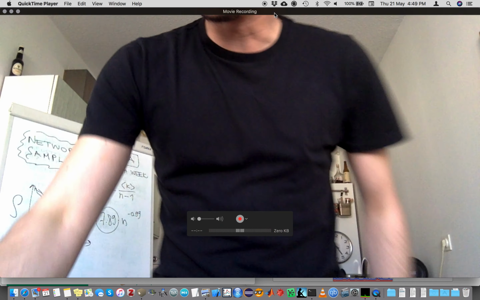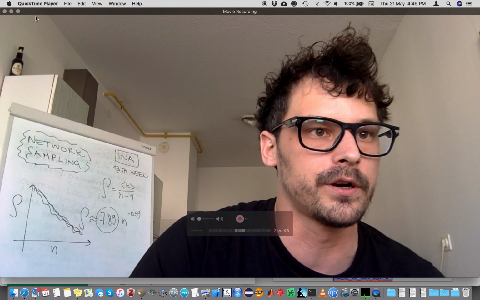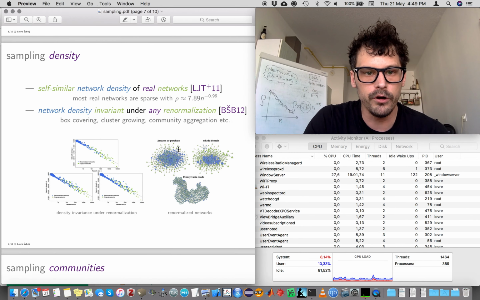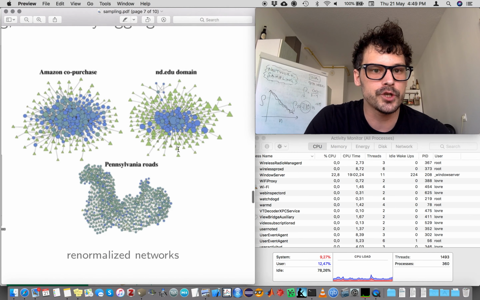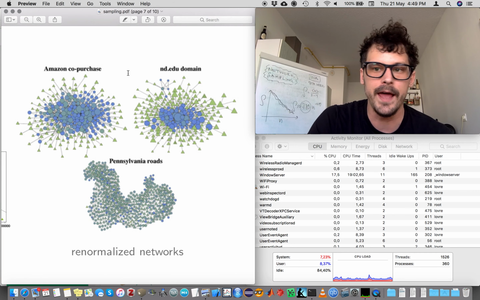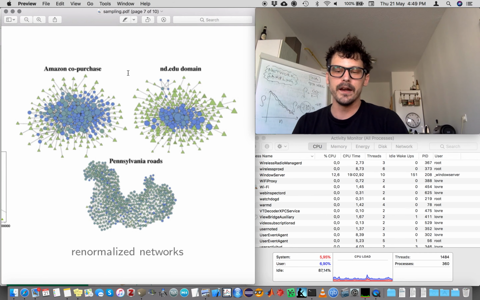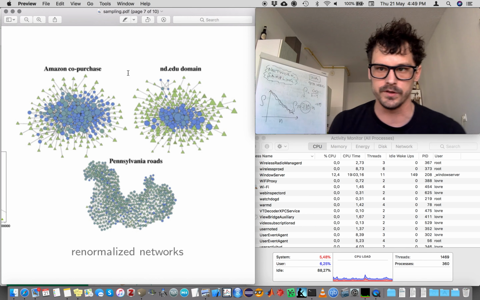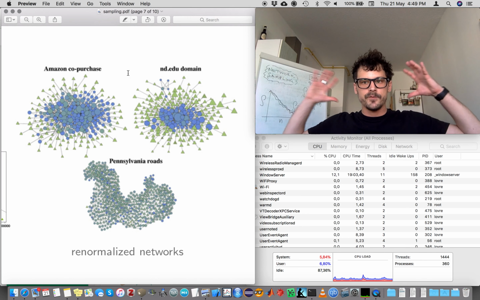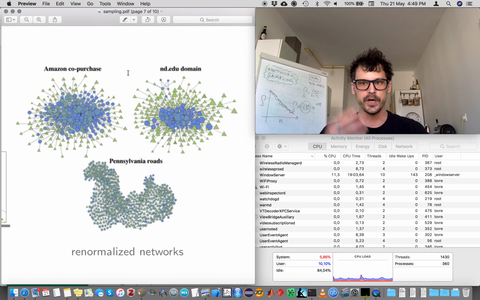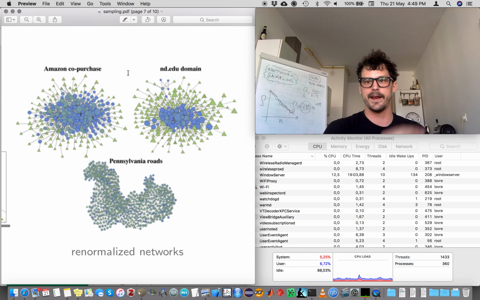And as a practical application of that, here on the right hand side, I am showing you a wiring diagram of three large networks that are all in millions of nodes that we have renormalized using this procedure to get a smaller network, and I have drawn this network.